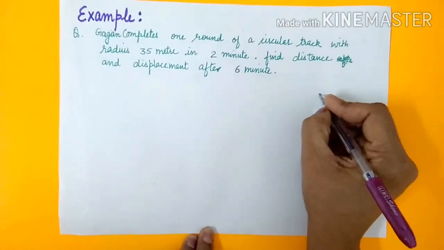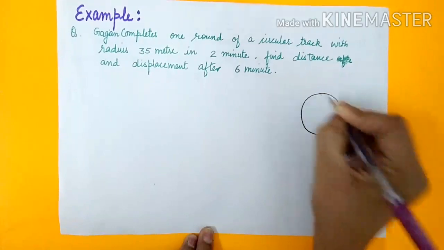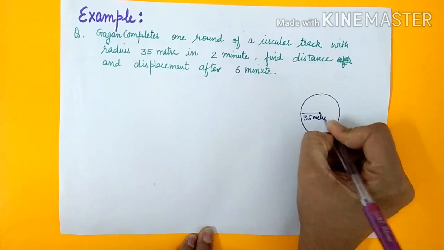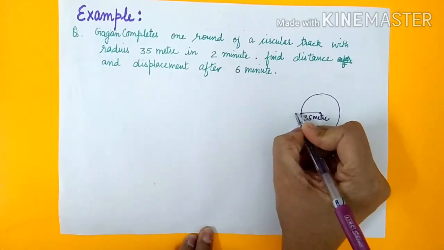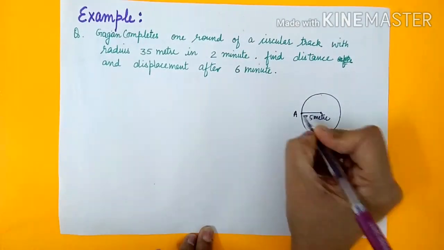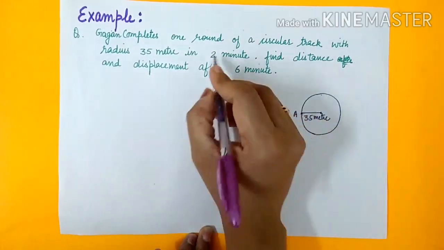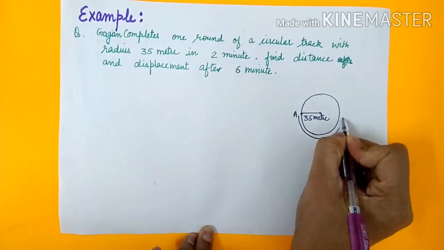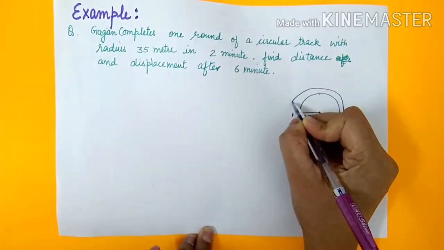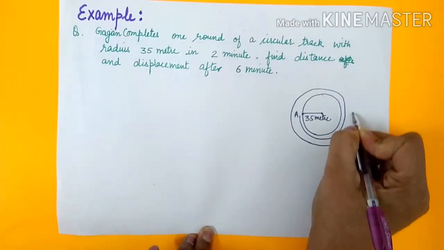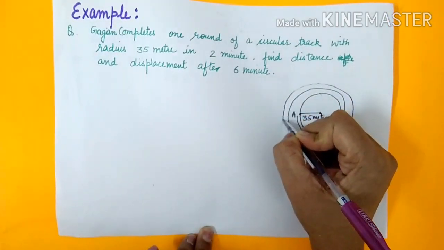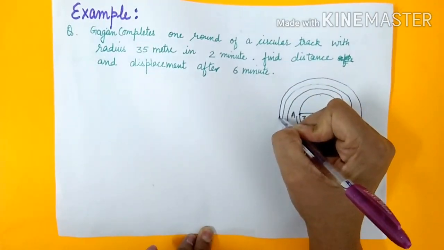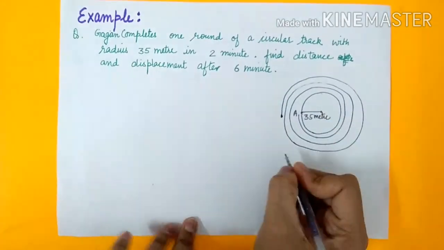First you draw a circular track with radius 35 meter, and Gagan started his journey from point A. In 2 minutes, he completes one round. So in 6 minutes, he completes 3 rounds.